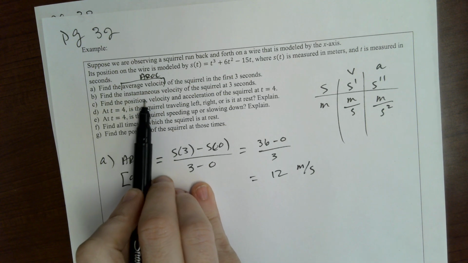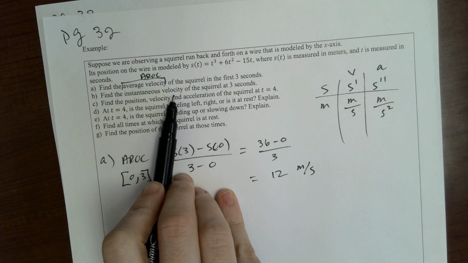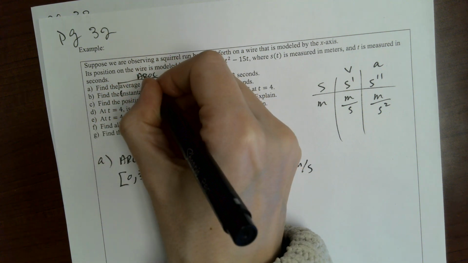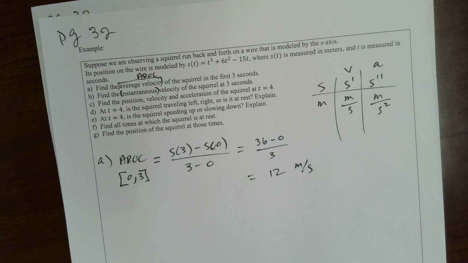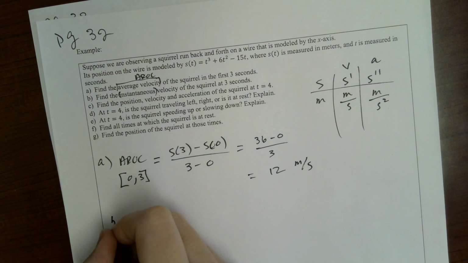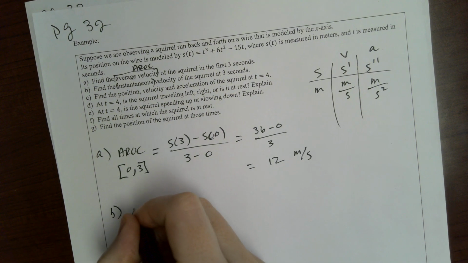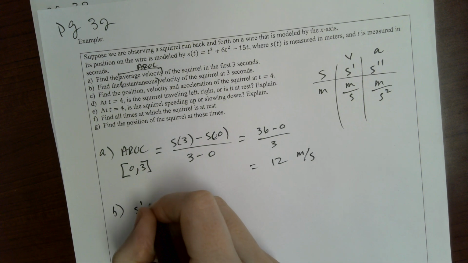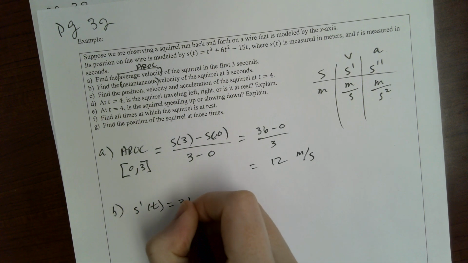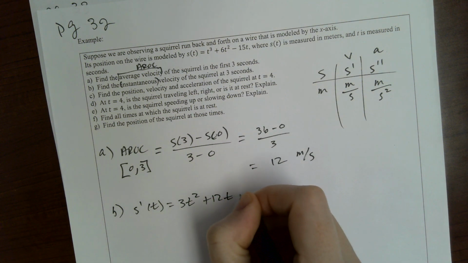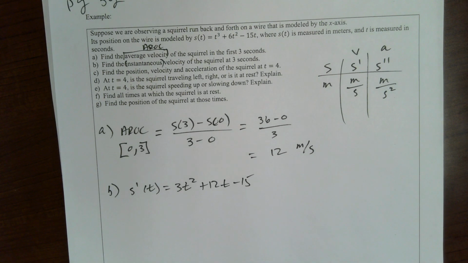Part B, find the instantaneous velocity. Instantaneous is optional to say, it's implied. Find the instantaneous velocity of the squirrel at 3 seconds. Here we do need to take the derivative, so this is IROC. We need S prime of t: 3t squared plus 12t minus 15. This is the velocity.